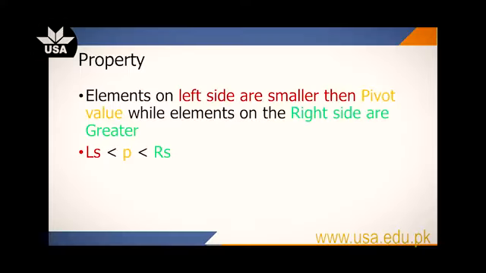It selects a pivot element from the existing values, and on the basis of that pivot it applies the sorting algorithm. The property which quicksort adopts is that it selects a pivot, and on the basis of the pivot it divides the array into two sections. The values in the array which are smaller than the pivot will be pushed towards the left side, while the values greater than the pivot will move towards the right side.